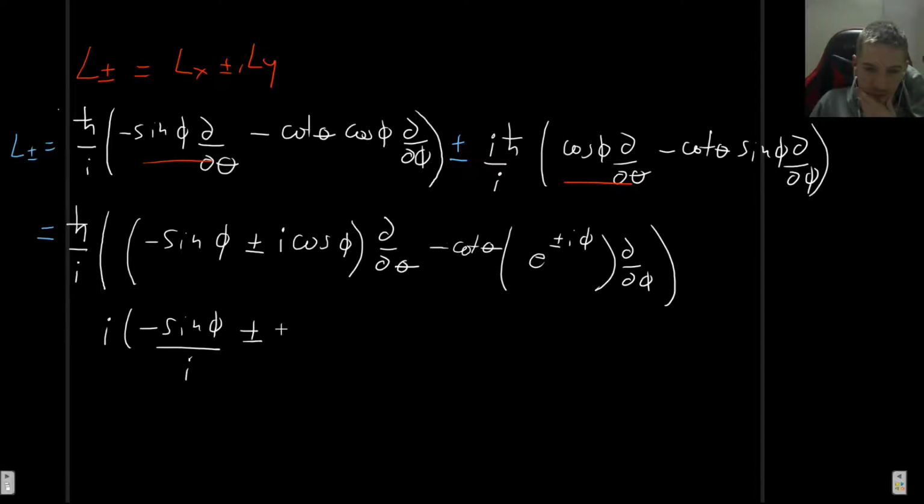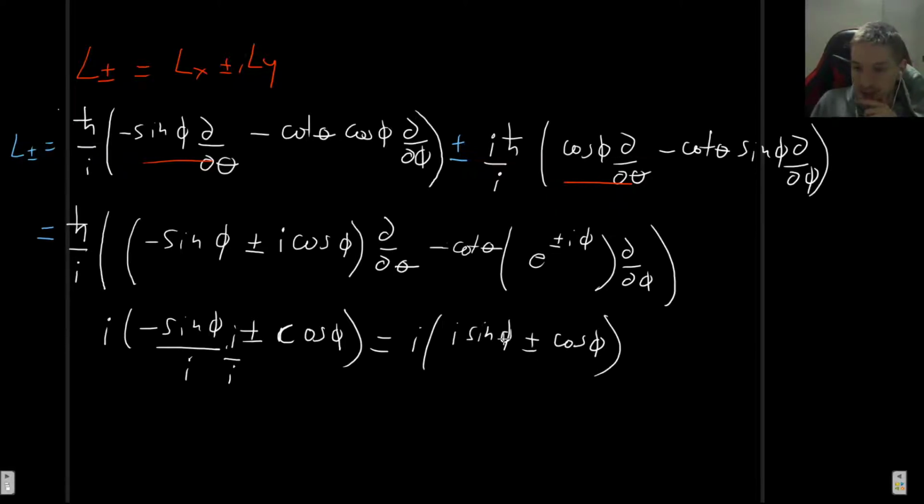And here we have plus or minus just cosine of phi. But this division by i, we can write it. The trick is to multiply and divide by i. And we can actually write it as the i that is outside, and this minus sign will change to a positive, and we'll have an i up here. So we get i sine of phi plus or minus cosine of phi.